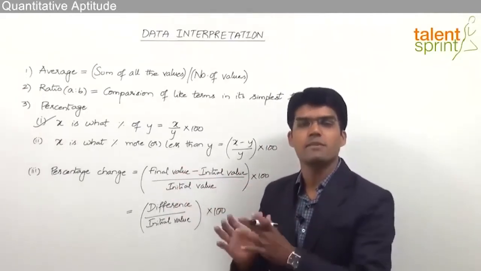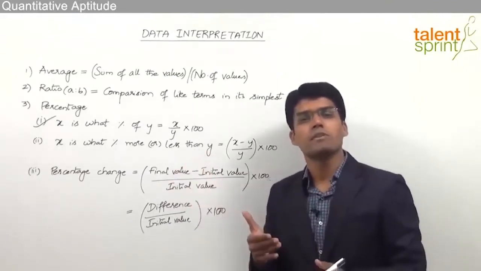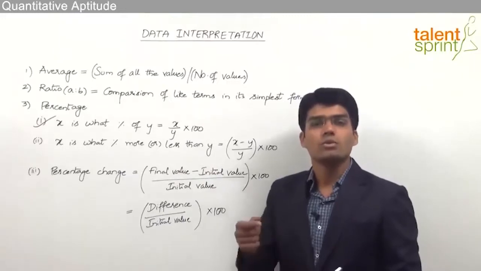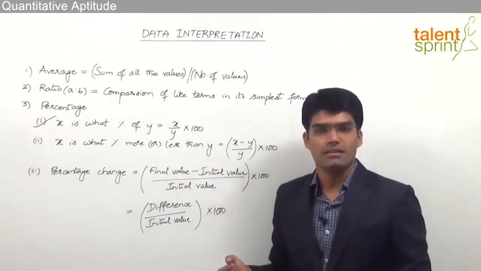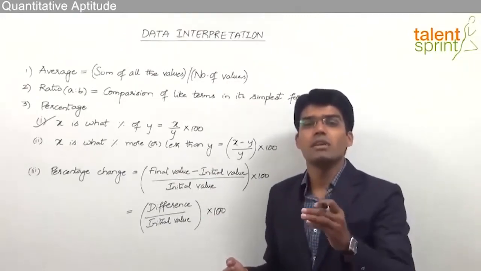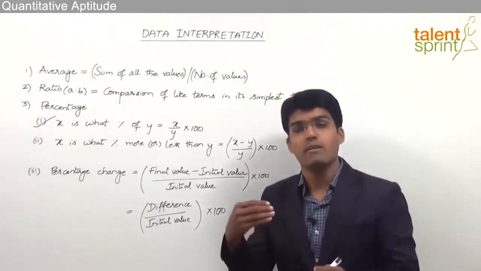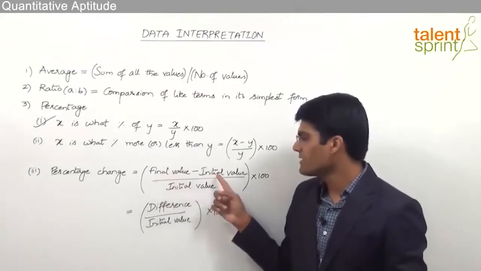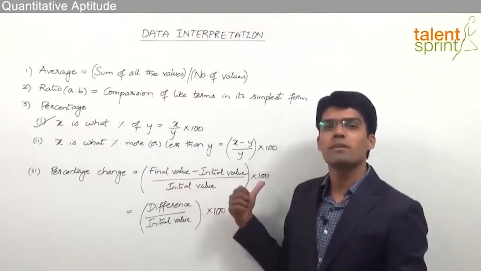For example, let's say for the given data, that is profit of a company for the given years, the question is what is the percentage change from 2001 to 2007? So as you know, the initial value here would be the profit in 2001 and final value will be the profit in 2007. So 2007 profit minus 2001 profit by 2001 profit into 100.